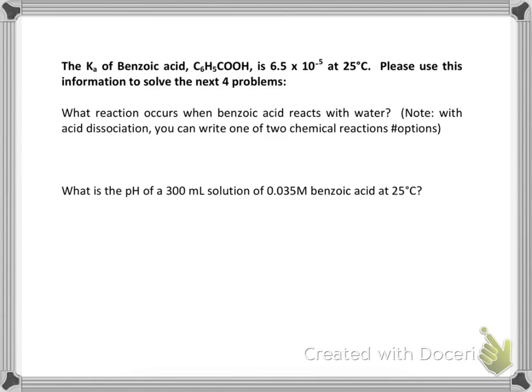Okay, so now, instead of having a strong acid, we have a weak acid, benzoic acid. So it's not going to completely dissociate. There's going to be some equilibrium, which is represented by this KEQ number that they've provided.